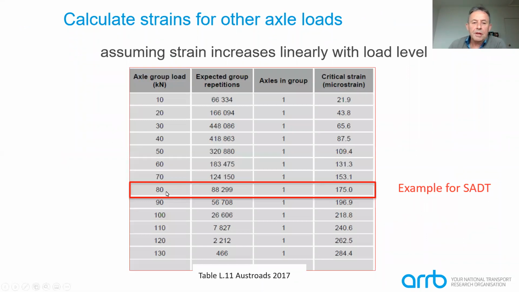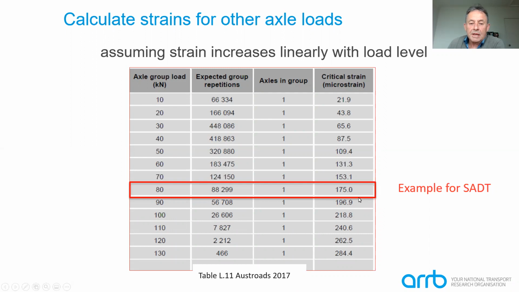So for example, when we're talking about a single axle with dual tyres at 80 kilonewtons that we've just calculated, this might be the strain that we've calculated in our trial pavement, 175 microstrain. The strains for other loads are obtained by linearly interpolating that value.